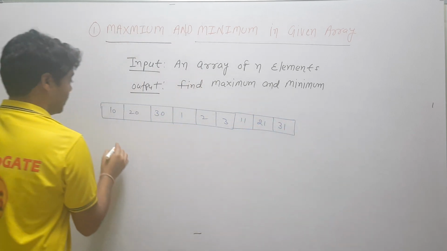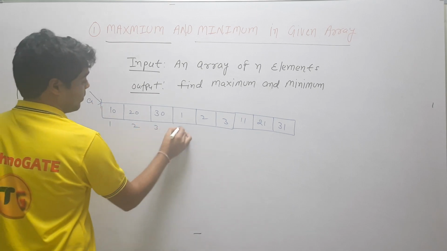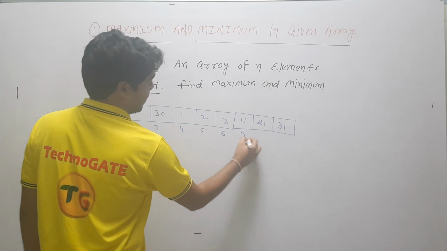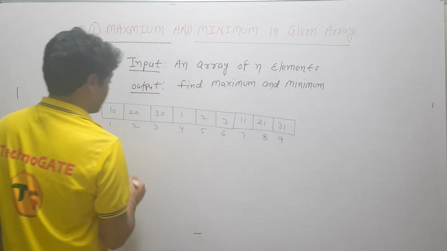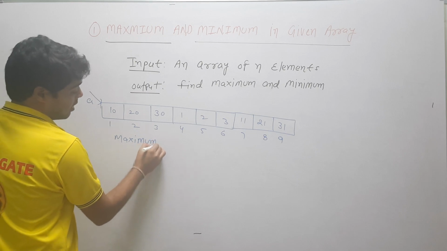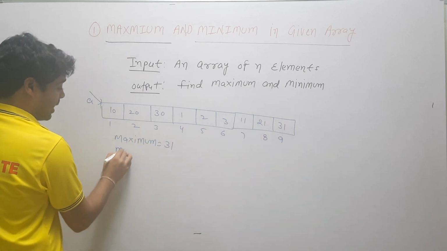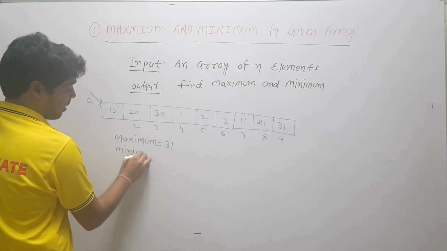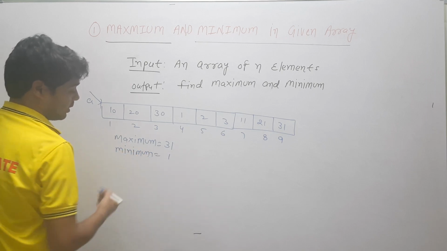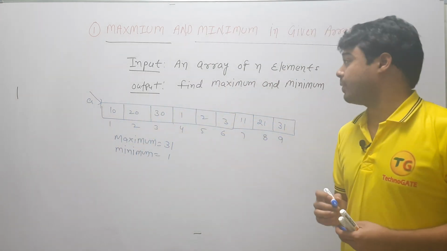So this is the array here, with 9 elements. What is the maximum element here? Maximum is 31. And the minimum element is 1. So your output is minimum 1, maximum 31.